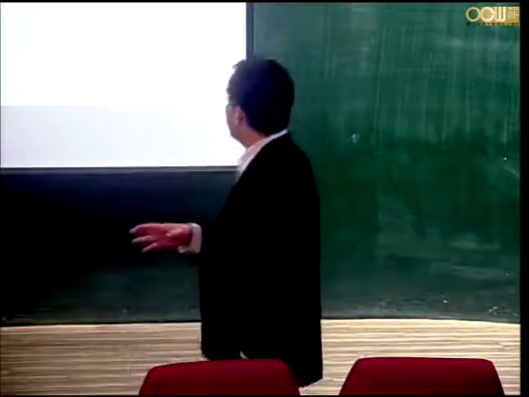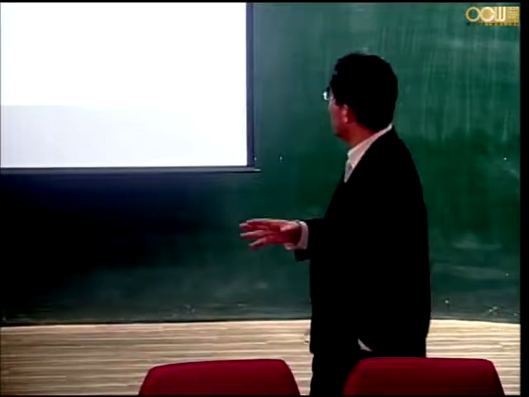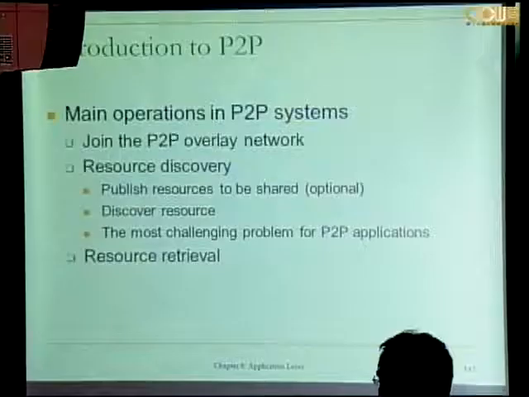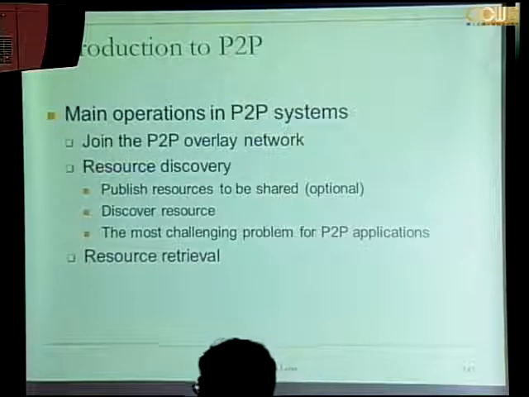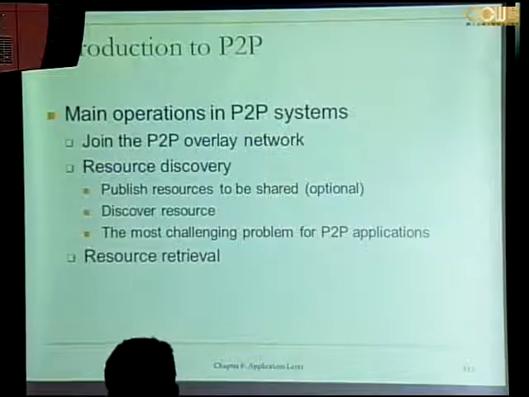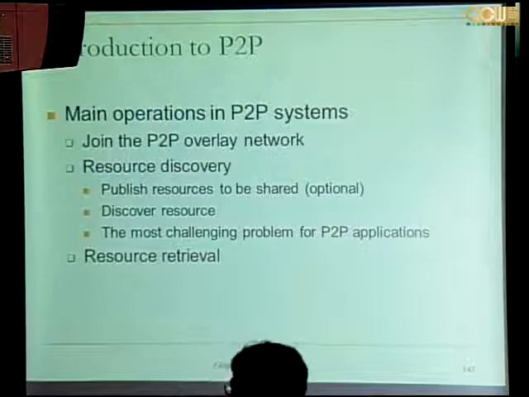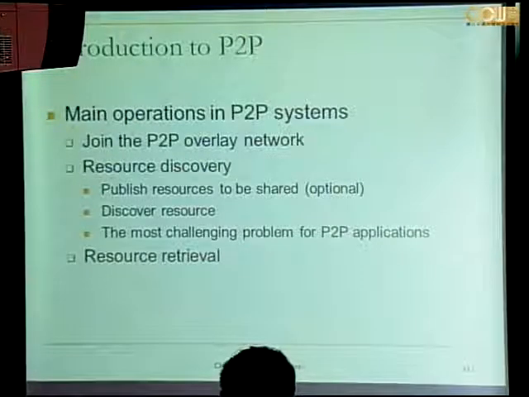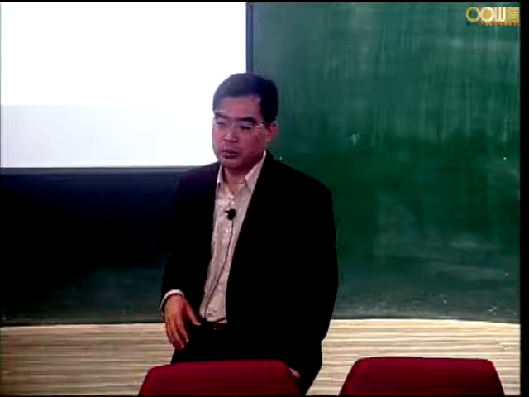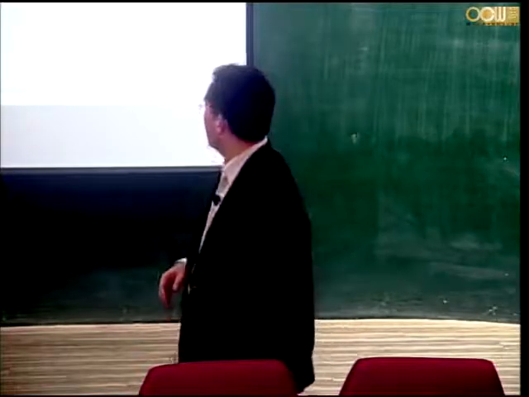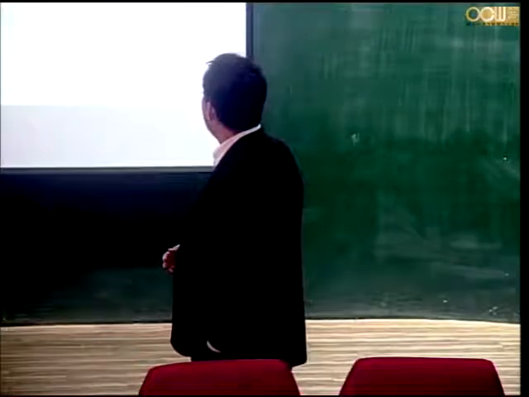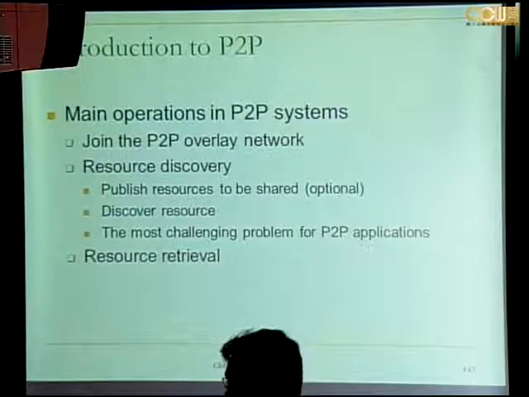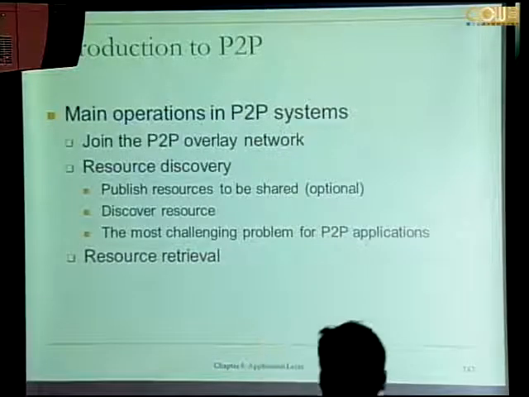Usually P2P involves resource discovery and then resource retrieval. Resource discovery is much more difficult than resource retrieval, because once you discover the content, you just retrieve it, say with TCP. But resource discovery is difficult. How do you make your content visible to the other peers?